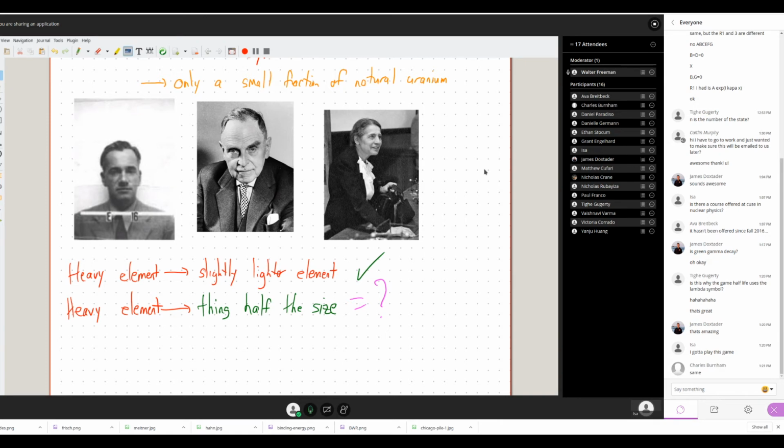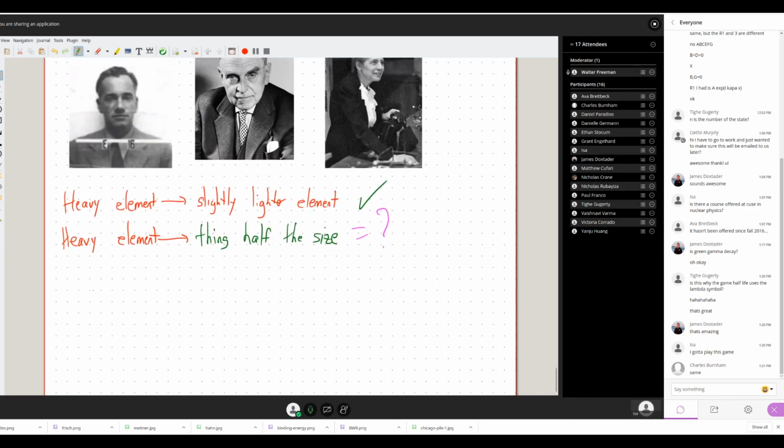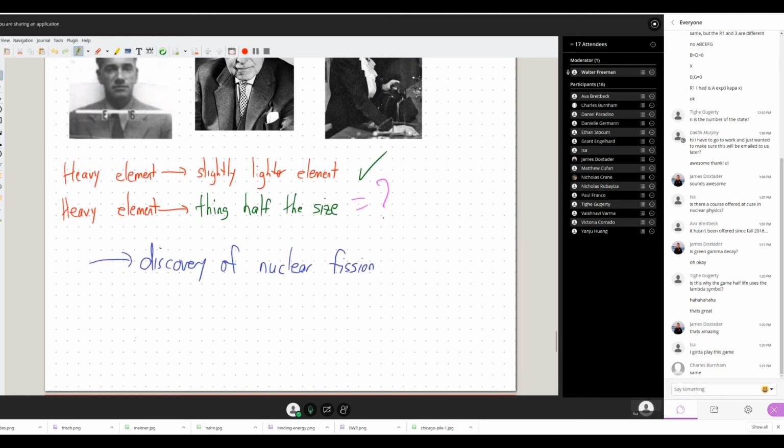Well, you've split the atom. So this was the discovery of nuclear fission. And this is the super exciting thing that we will talk about for the rest of this.